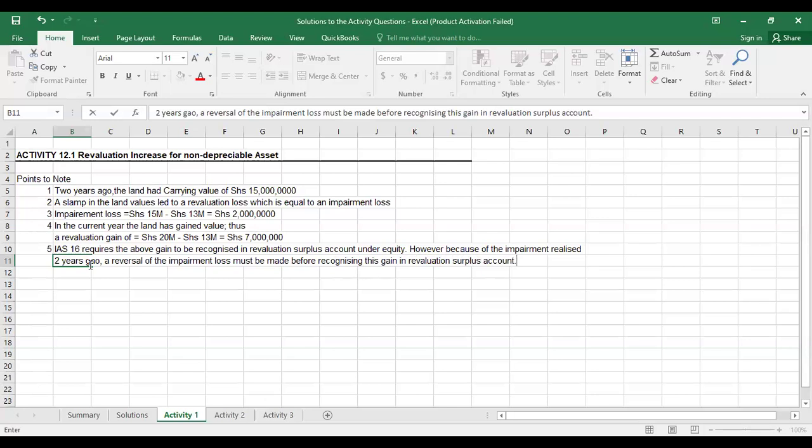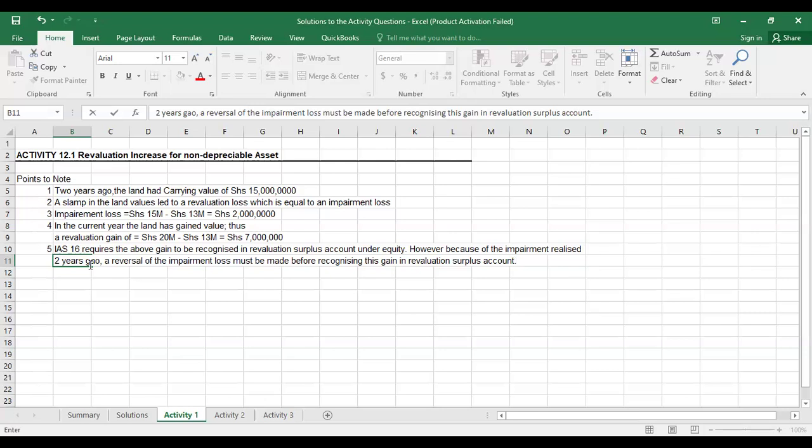Previously we had an impairment loss of 2 million and a carrying amount of 13 million. Right now in this current period, we have made a revaluation gain of 7 million.